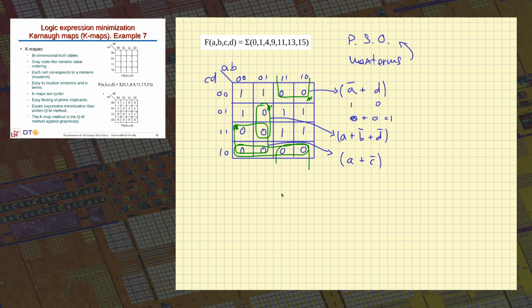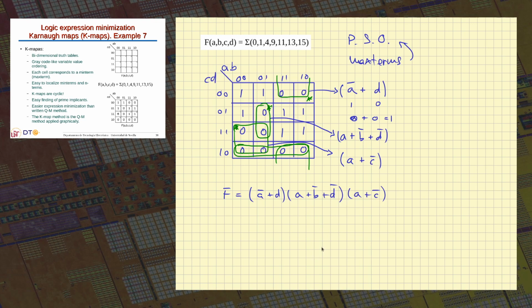So the minimal expression for my function will simply be the product of all these sum terms. A complemented plus D, A plus B complemented plus D complemented, A plus C complemented. Okay.